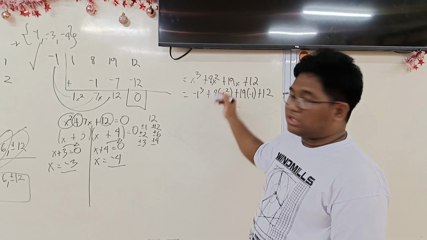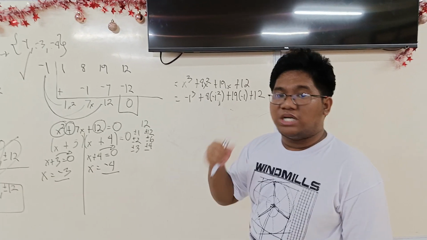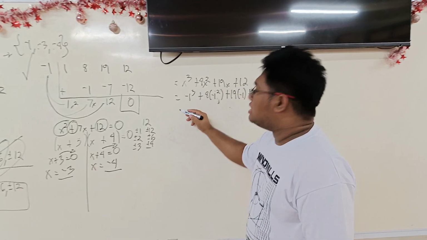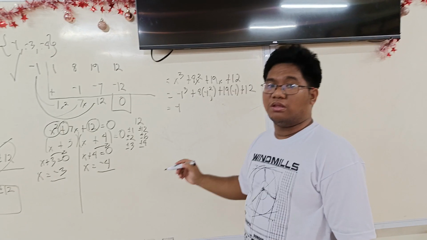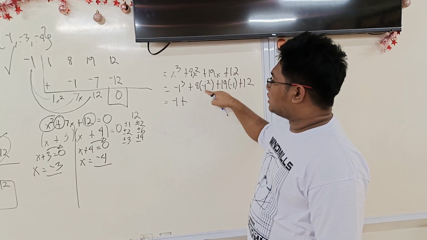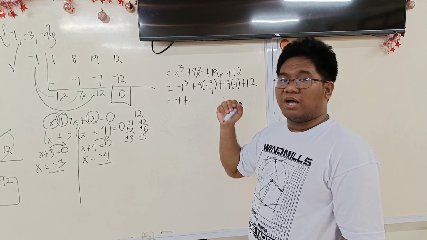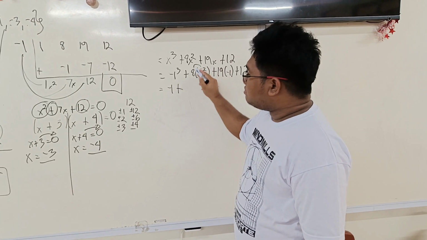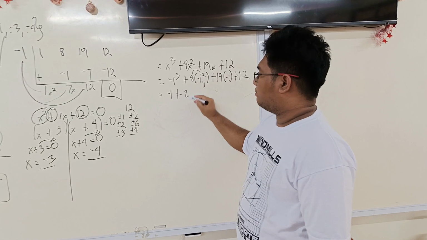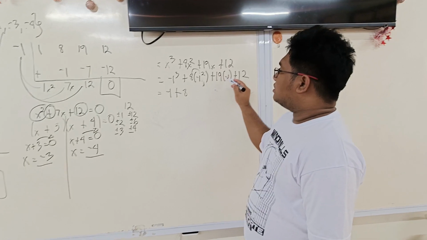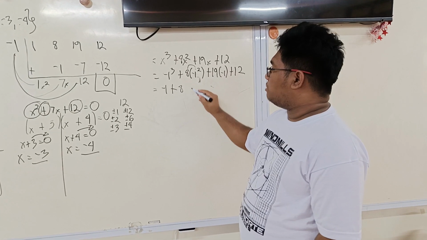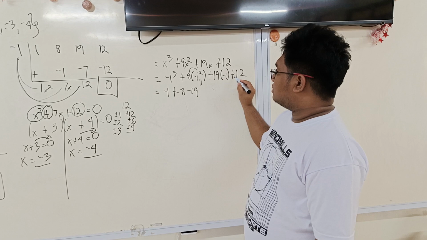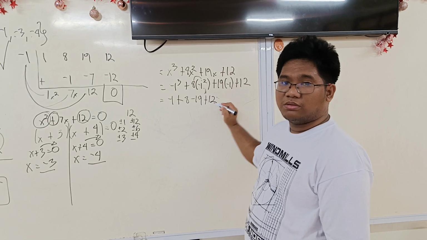Negative 1 raised to 3. Any negative number raised to an odd exponent would be just negative. So we will have negative 1. Plus, negative 1 raised to 2, that would be positive 1. Times 8, positive 8. Next, negative 1 times 19, that would be negative 19. Plus 12.